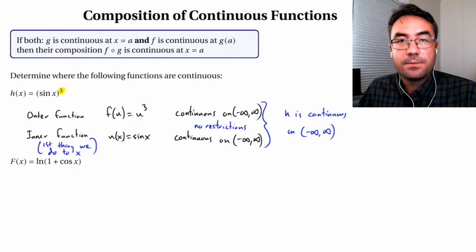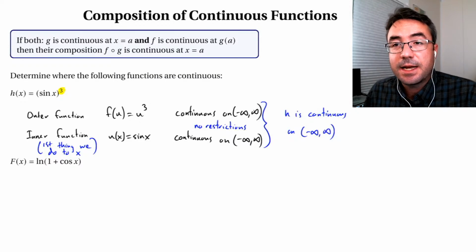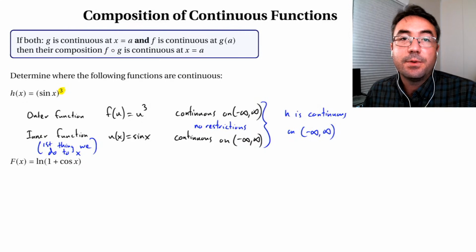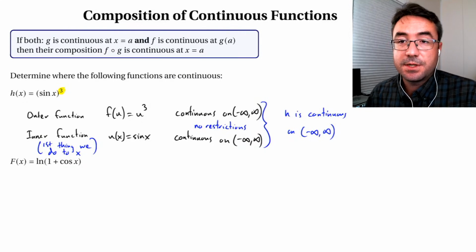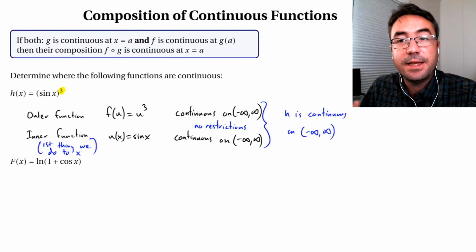Now in the next one, we have the function natural log of 1 plus cosine x. We see that it's a composite function, and we want to figure out the interval where this function's continuous. So we start by just identifying the inner and the outer function.